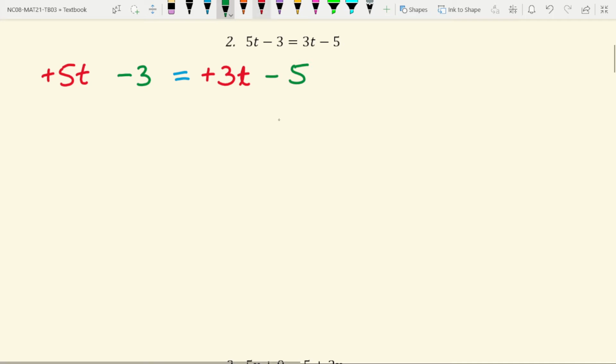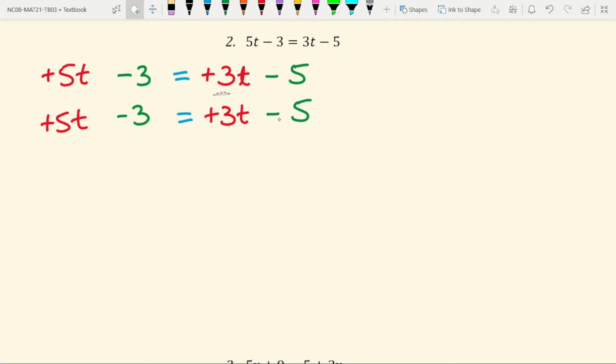Now we have to transpose. We have to transpose all the unknown terms to the left hand side and all the constants, the known terms, to the right hand side. So I will write plus 5t as it is, and I have to transpose plus 3t. It is currently present in the RHS.